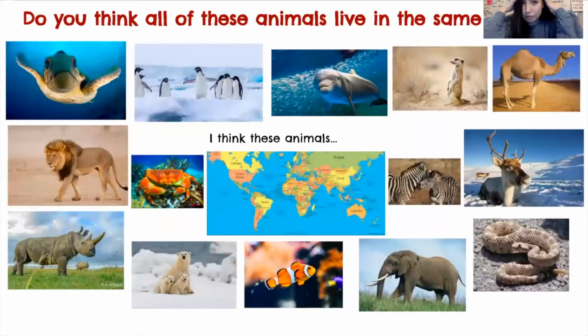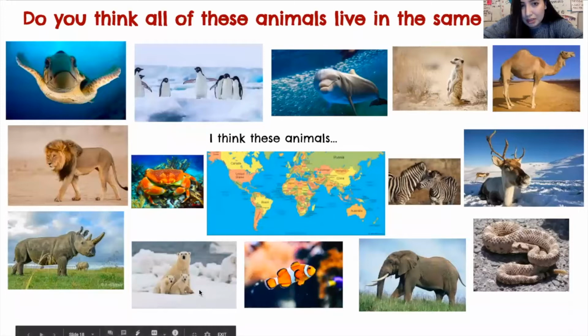I don't know. But looking at their backgrounds here, I see a turtle here and I see a dolphin here, and it looks like they're both in the ocean or in a sea. So I could think that, well, yeah, maybe all animals do live in the same place. But if I do a little bit more noticing, I see here that these polar bears have ice, and these penguins have ice in the background, and this reindeer has ice in the background.